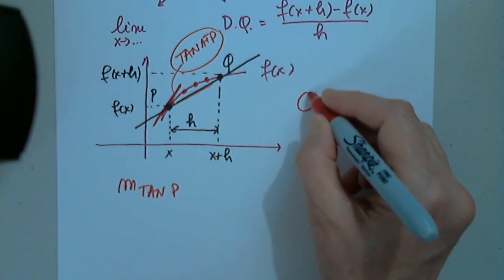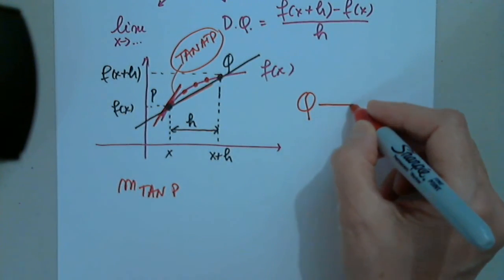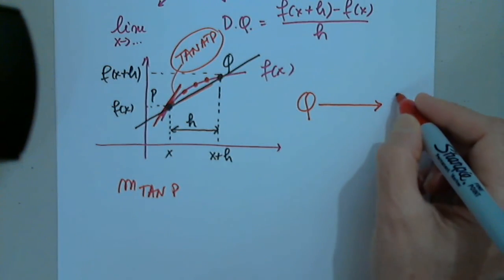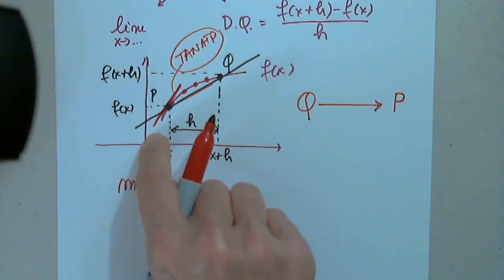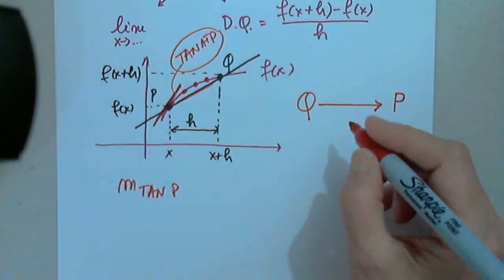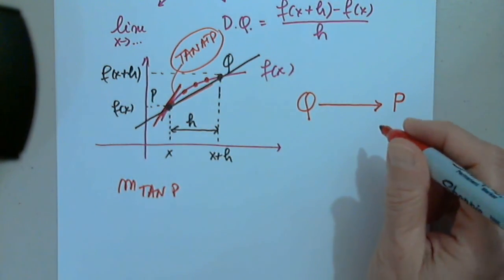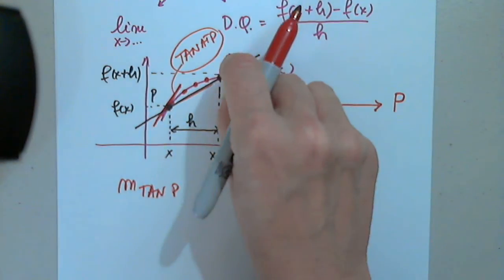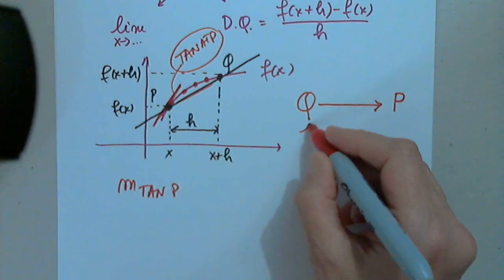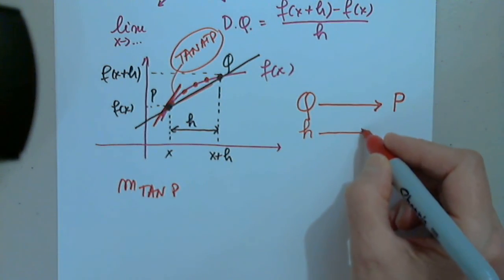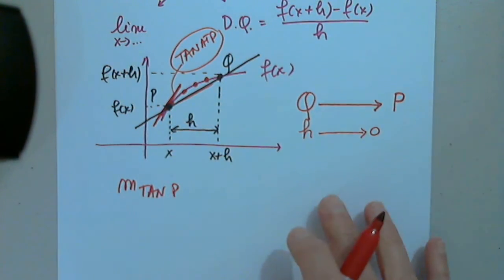So I want to move point Q to approach point P. Not the same. They're not overlapping. Q does not overlap. So what happens when I move Q closer and closer to P? What happens to H? H approaches 0. Very good. Excellent.